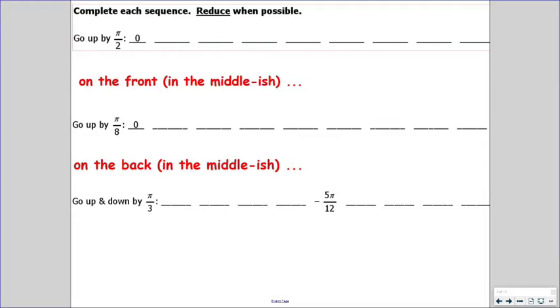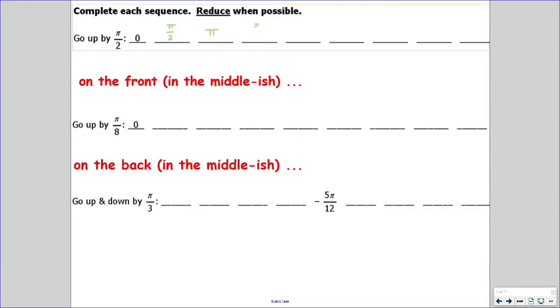We're on page 24 here. So the first example at the very top, we want to go up by pi over 2. And this is something that we've been doing as we've been scaling the x-axis so far without phase shifts. We're just going to be counting by pi over 2, starting at 0, because that's the number I've given. So 0 plus pi over 2, that's pi over 2. Then add another pi over 2, that's 2 pi over 2.